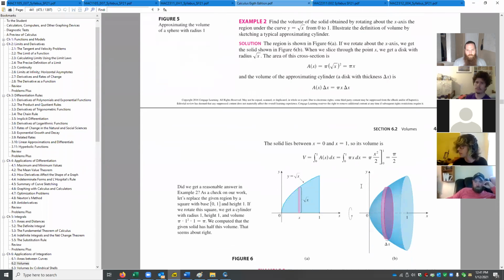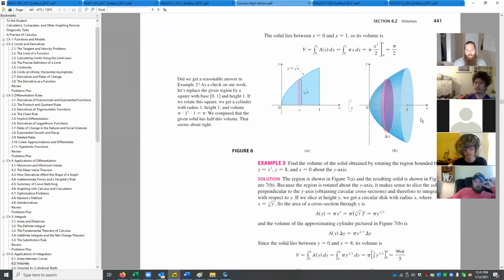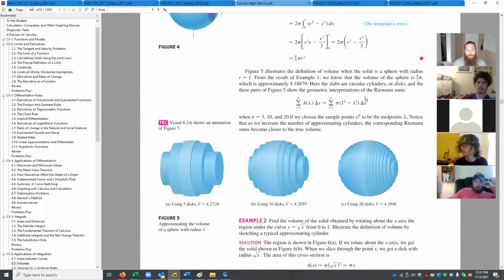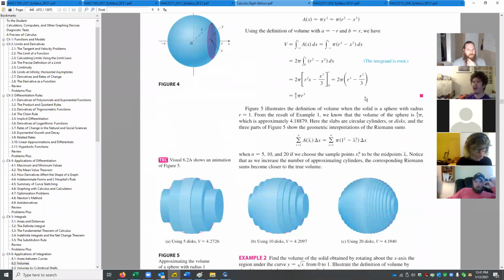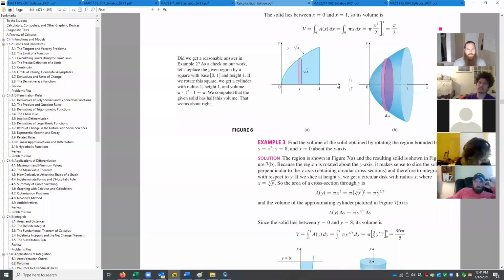The other method we're going to use is called the method of disks or washers, and it really can be seen as a special case of the slicing method. So let me come here to a nice tractable problem, something that's not too hard to work out. Yeah, let's do this one.